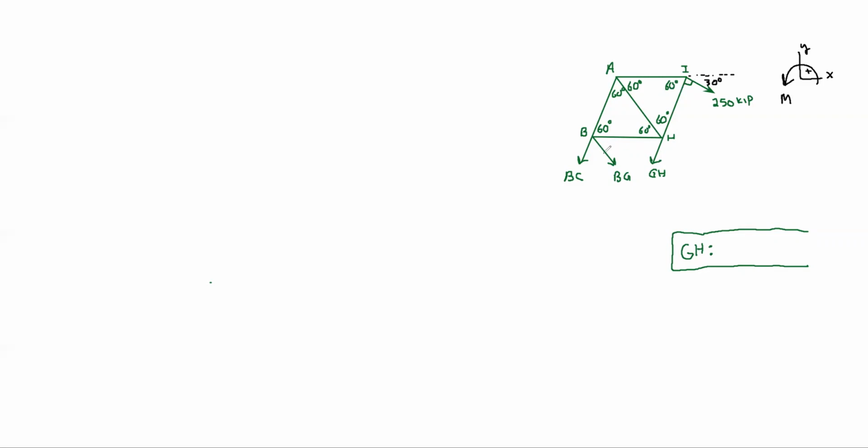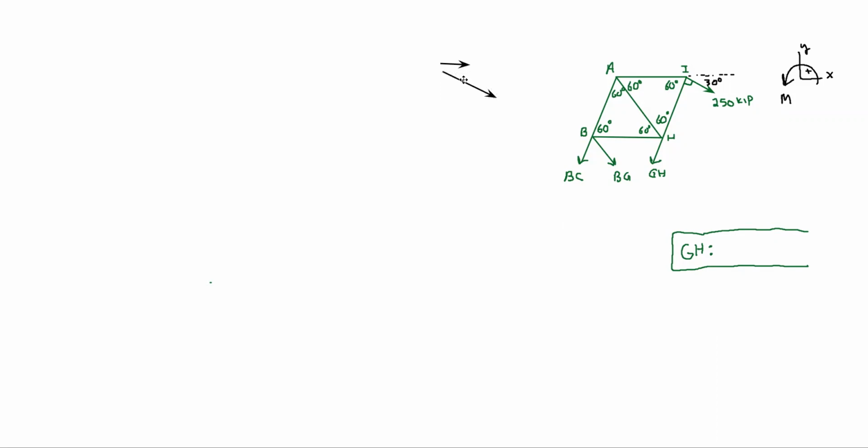Let's see what we've got going on. We've got all kinds of forces that are diagonal. Let me think about this for a minute, how I want to go about it. We've got the 250 force is diagonal. So there's the 250 kip force.